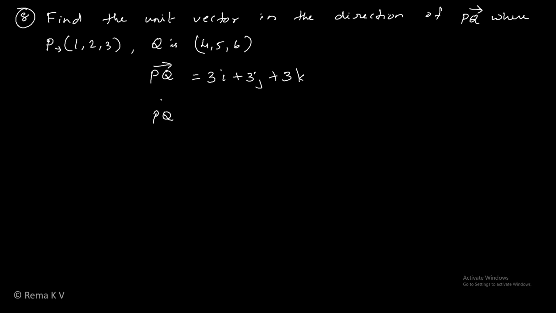Then PQ cap, the unit vector in the direction of PQ is, here it is root of 3 square plus 3 square plus 3 square, root 27. So 3 by root 27 i, then plus 3 by root 27 j plus 3 by root 27 k.